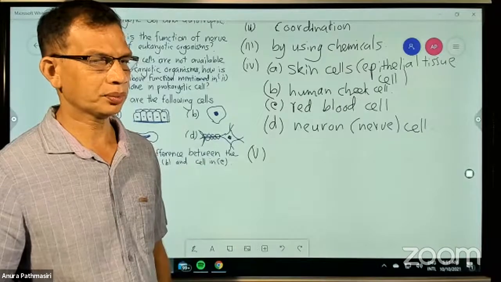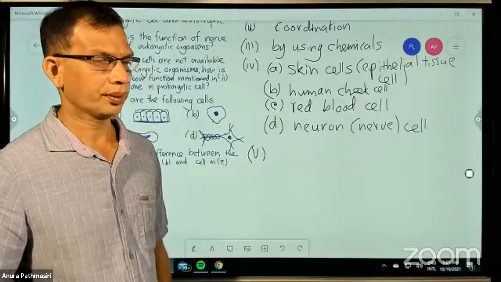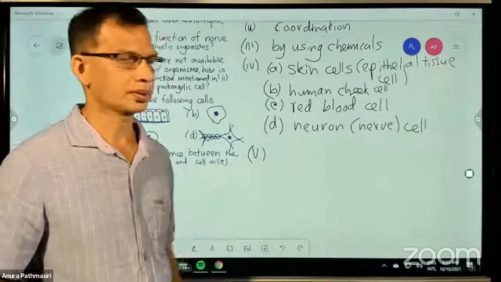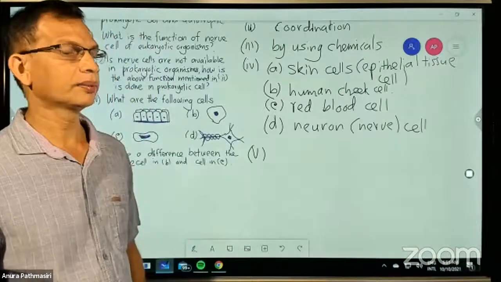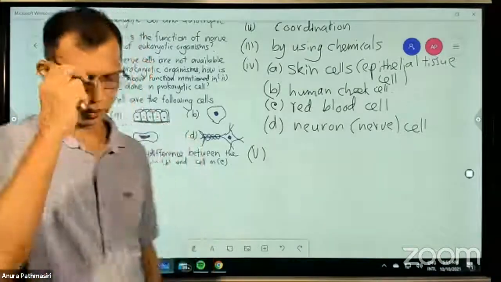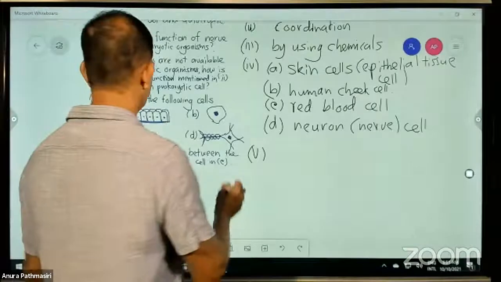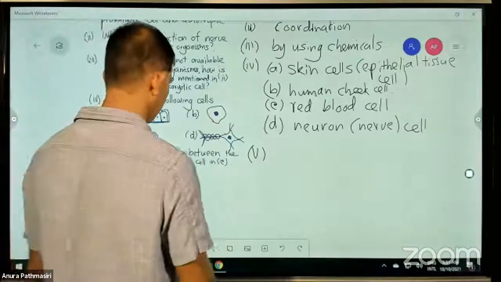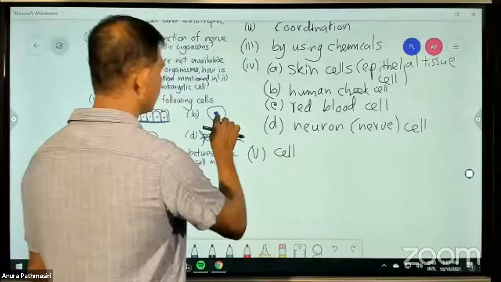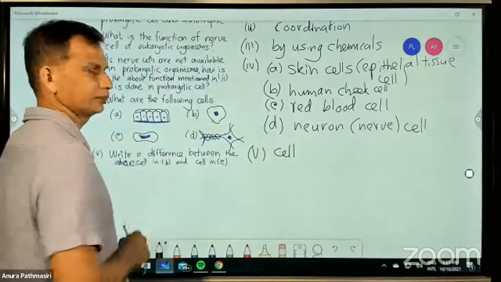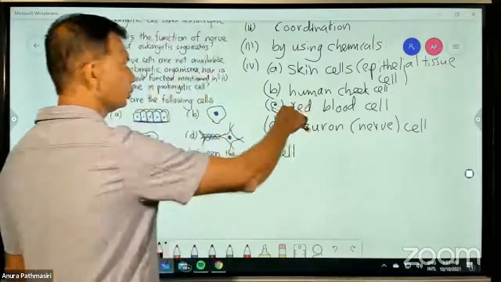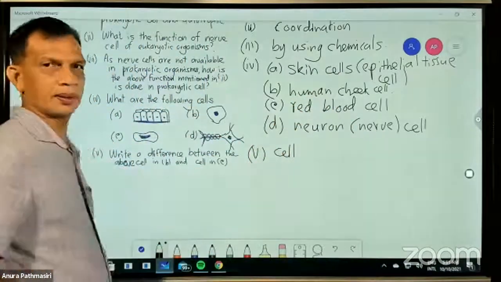I expect you to write the answer. Red blood cell doesn't have a nucleus, and the human cheek cell has a nucleus. So you can write. Don't write cheek cell, don't write red blood cell, because if you gave the wrong answer for those two, then this one also will be wrong.